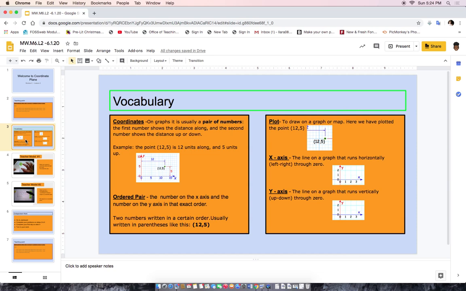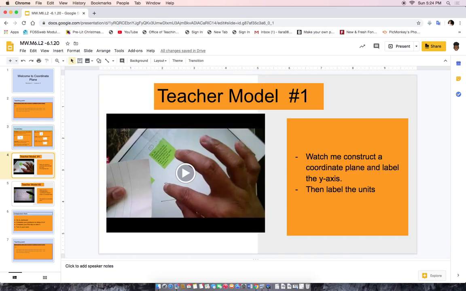You're going to need these words to help you understand our coordinate planes. Now, here's the first teacher model. I will be attaching this video as well, but I'm going to play it because I want you to watch me construct a coordinate plane and label the y-axis, then label the units on those 2 lines, okay?